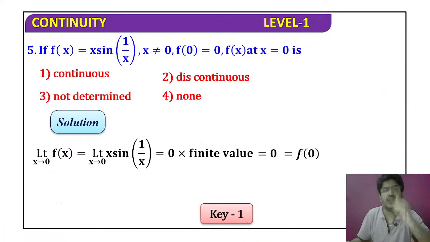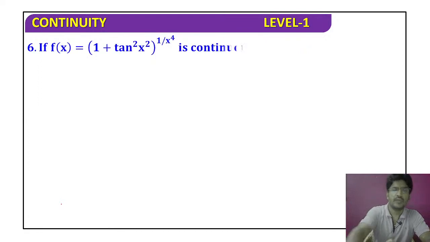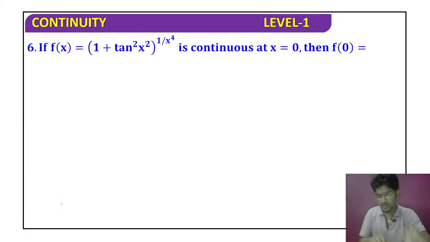Quickly we can go for the next question, that is problem number 6. Okay, so it is a very important problem, because with this problem I am explaining one of the important concepts that may help you in competitive exams like KCET, NDA, AFCAT as well as JEE Mains.